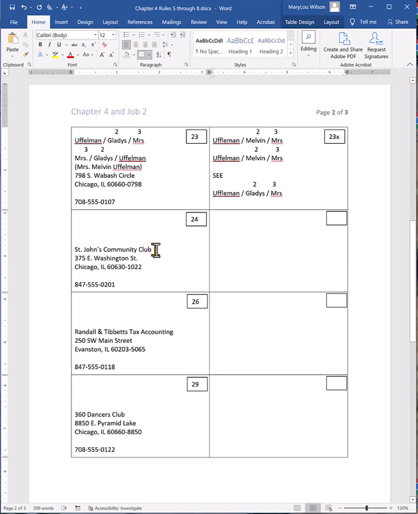Well, the rules are making a distinction between a business and organizations or institutions. In this case, it's a business, yeah, but it's a club, or it's an organization, or it's an institution of some sort. And really, the only difference is what it's being called, because you're going to code this exactly as you would a business name. There really is no difference in how you're going to code it.